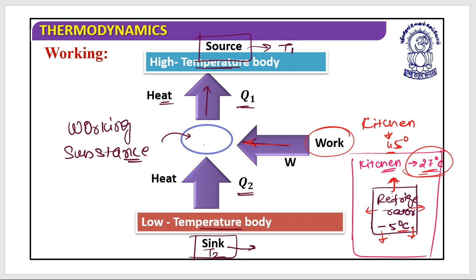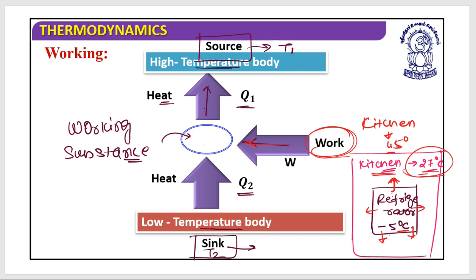A refrigerator takes a very large amount of time to cool things. Why? Because its surrounding is at a very high temperature, so it needs to perform a very high amount of work to cool all the objects placed in the refrigerator.